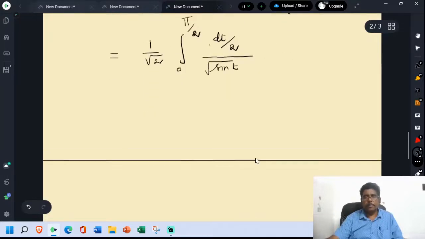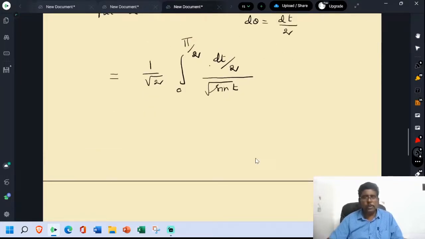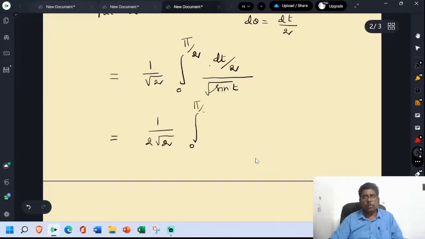Take the 2 outside. This is equal to 1 divided by 2 root 2. Just I have taken out this 0 to pi by 2, dt divided by sine power half into t. If you remove the root, we have to introduce 1 by 2.